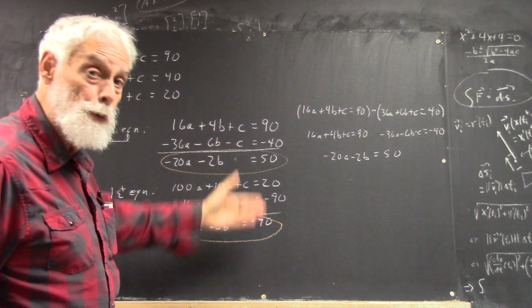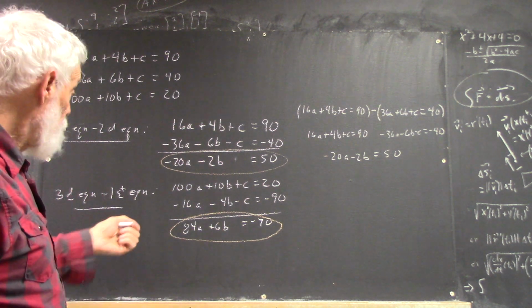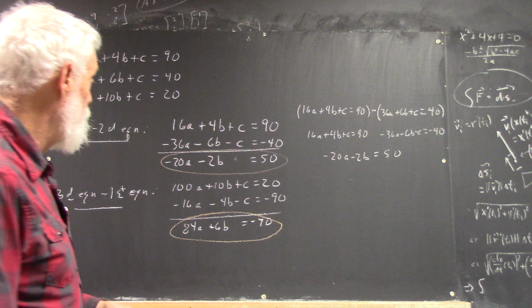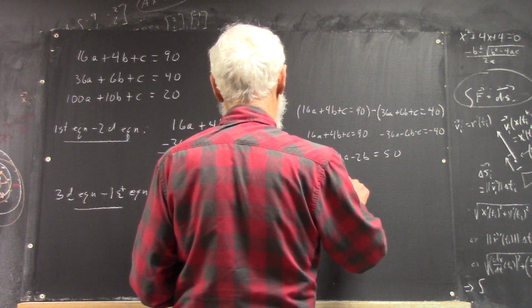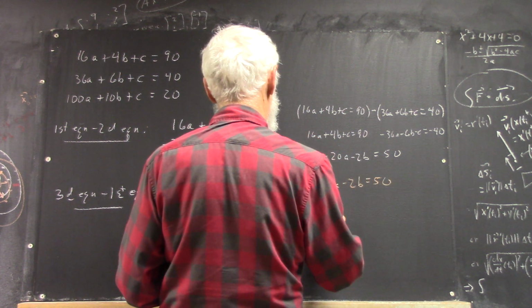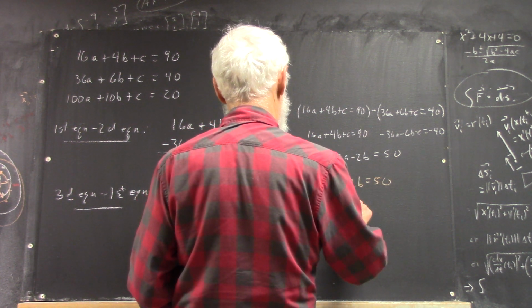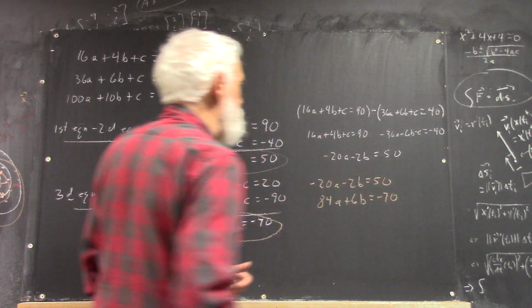You still have to have equality. So now you've got a system of two equations. You have this one and this one.